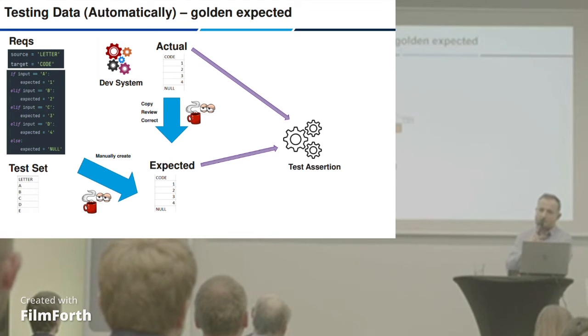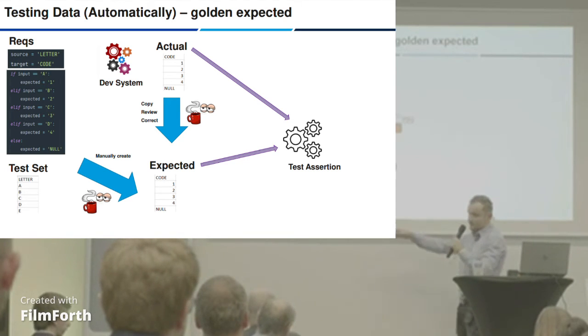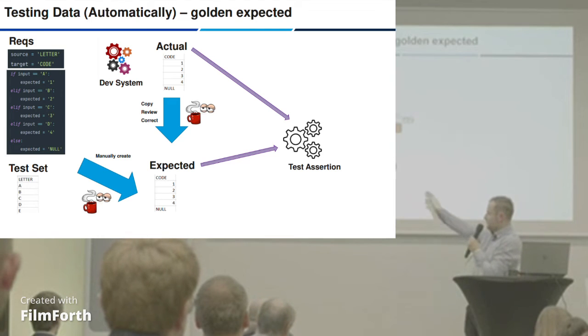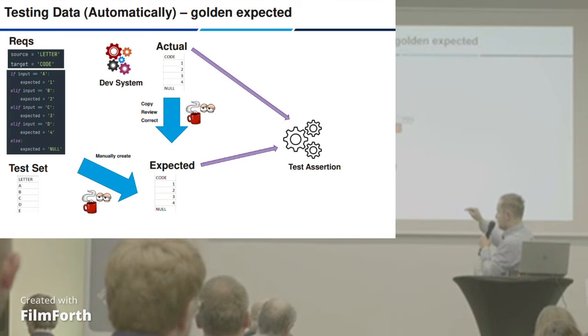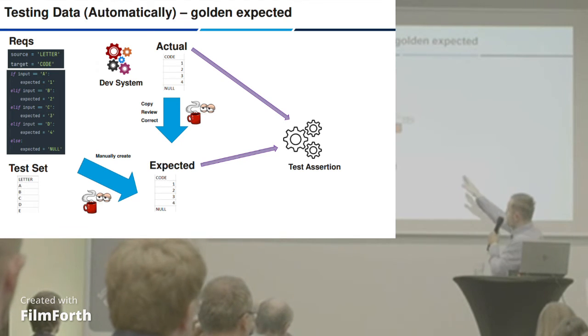And actually, we've got two sub-approaches to prepare expected. We can do it manually. This column could be a CSV file, why not. And we just look at it and prepare this file, 1, 2, 3, 4, and now. Yes, with a cup of coffee, of course.